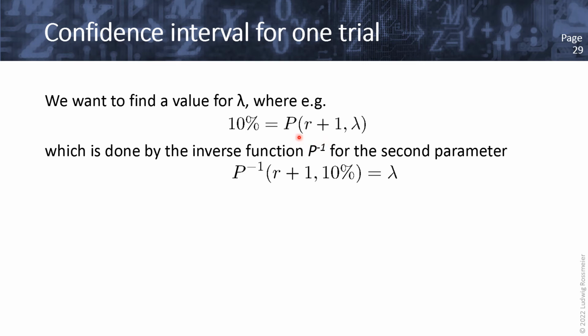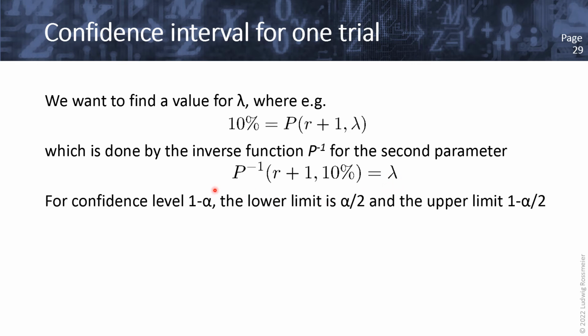And since we need a value for lambda, we need to find the inverse function for the second parameter lambda. We write it in this way: P inverse of r plus 1 and 10% equals lambda.